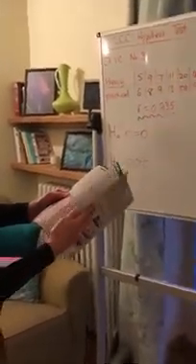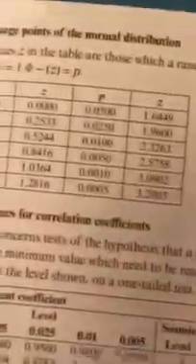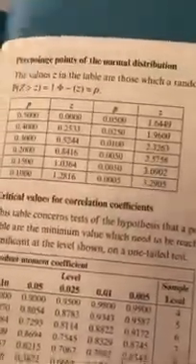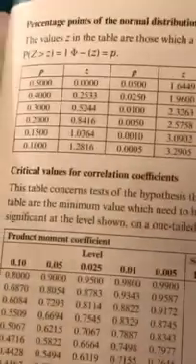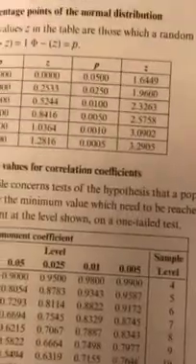In your formula booklets you will find something a little bit like this table. I've got 12 values in my sample, and in the question you're told to use a 5% significance level.